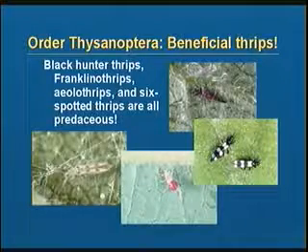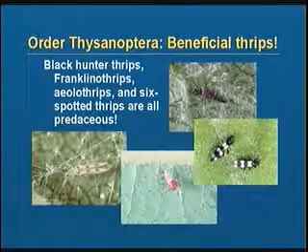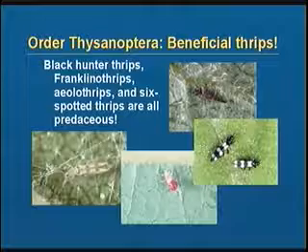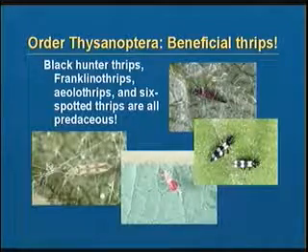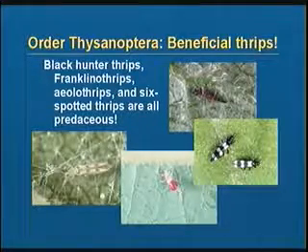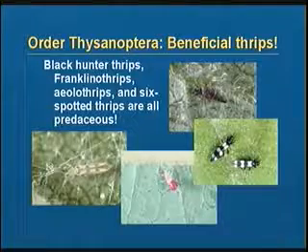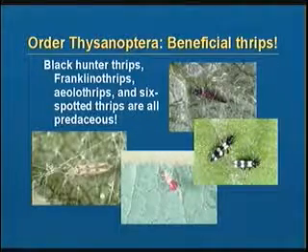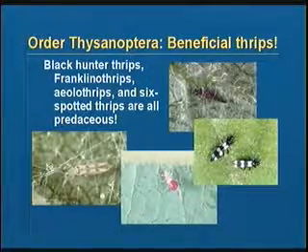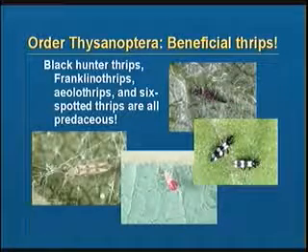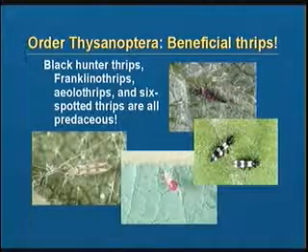This is the black hunter thrips, common in ornamentals in some areas. These are banded wing thrips. This is an immature stage of a Franklinothrips, which is predaceous in avocados, very prevalent in avocados.